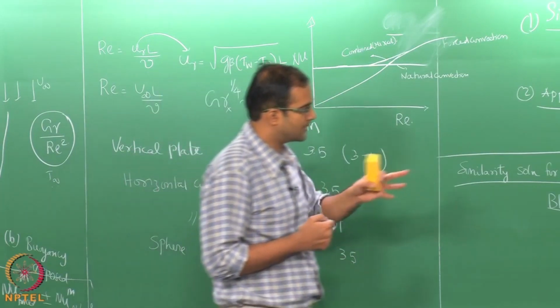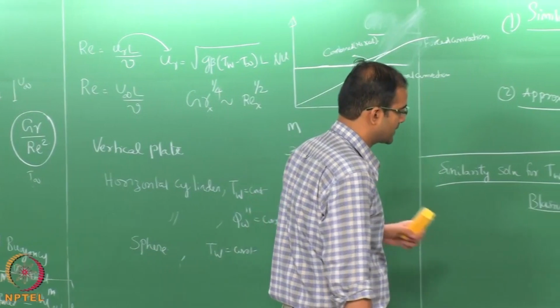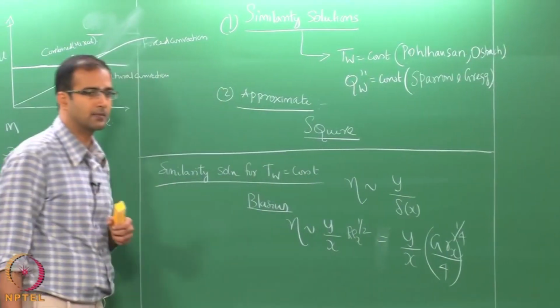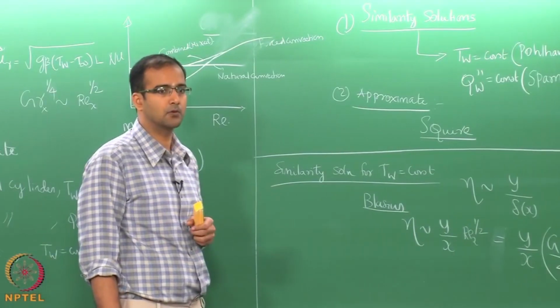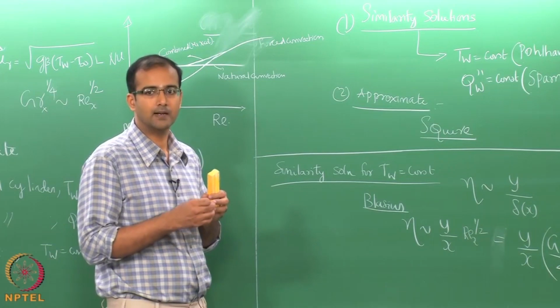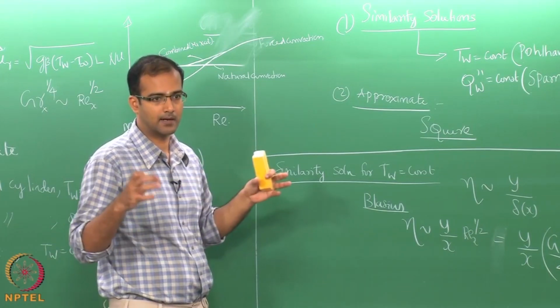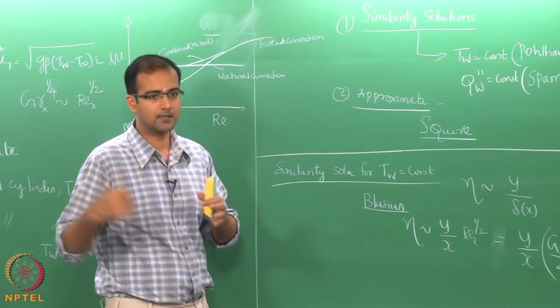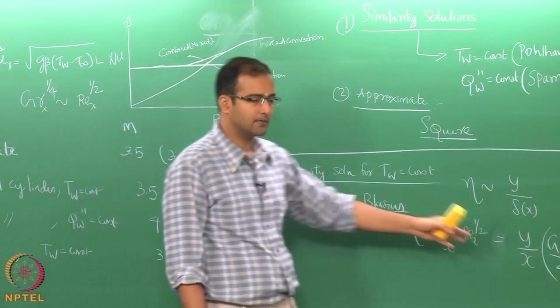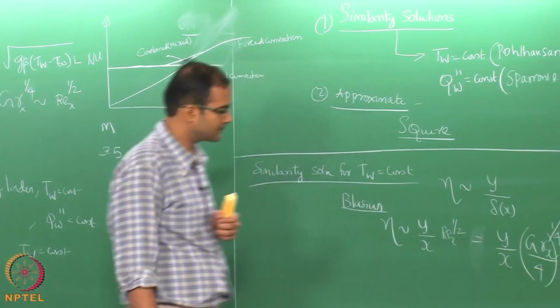So, he used this as the similarity variable. Many of the textbooks in fact show that this is your exact similarity variable. There are few textbooks which omit the constant and they go ahead and solve, they get slightly different constants in the similarity equation, but finally the non-dimensional numbers will all be the same. Okay. In fact, in the Blasius equation we did not use any of these constants.